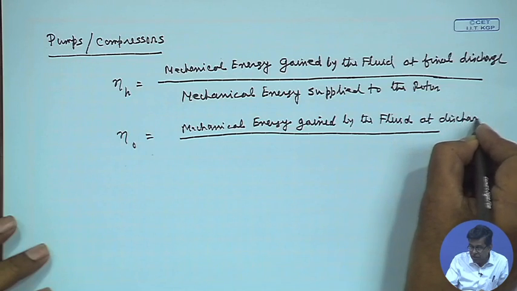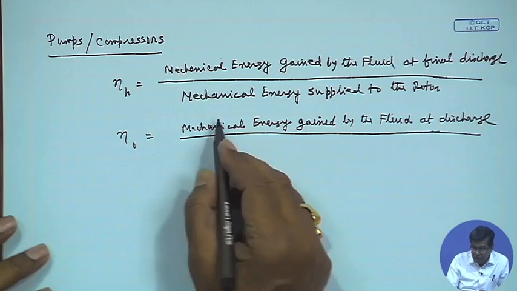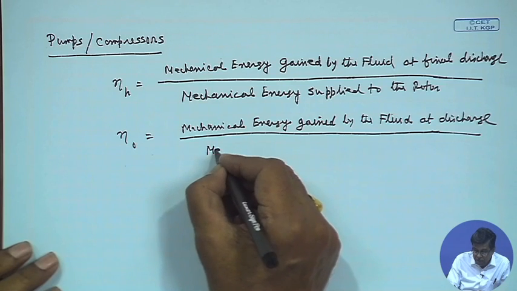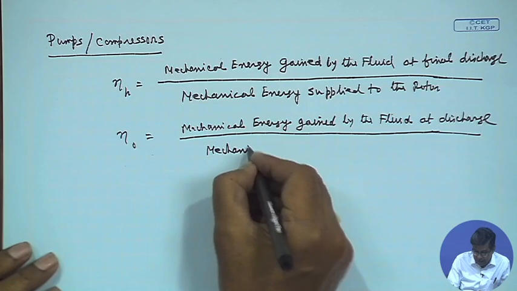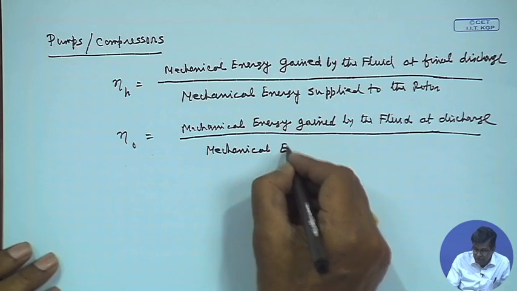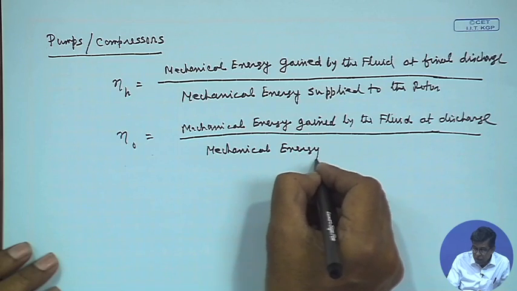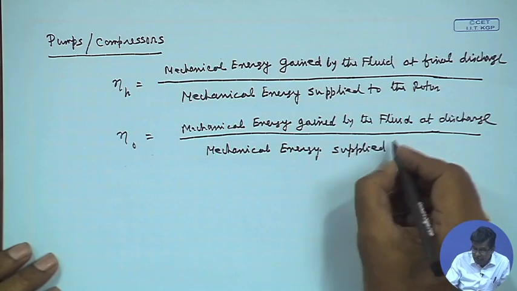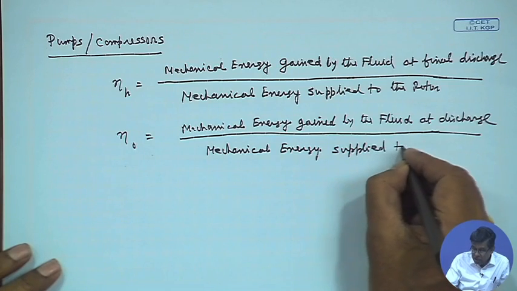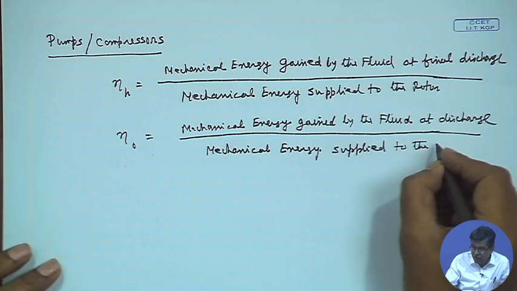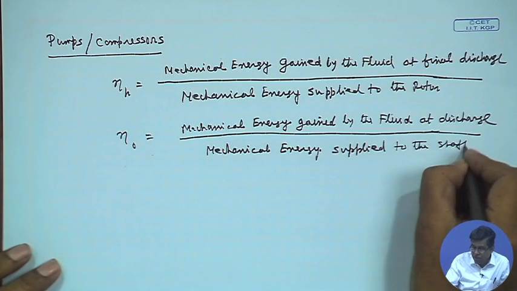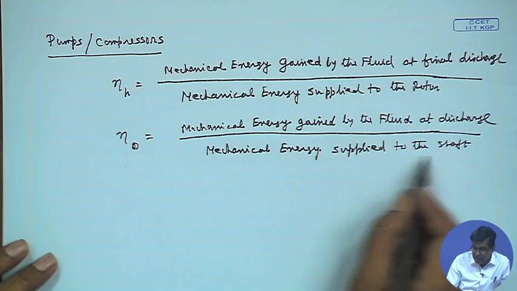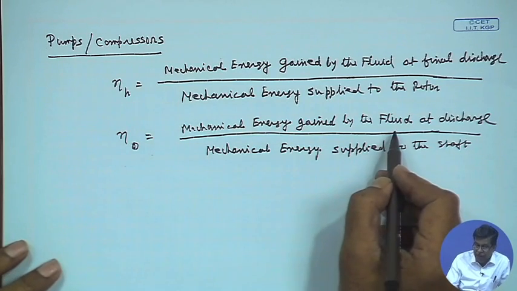Here the input will be the mechanical energy supplied to the shaft. That means the initial input point is the shaft, like in the turbine the final output point is the shaft.